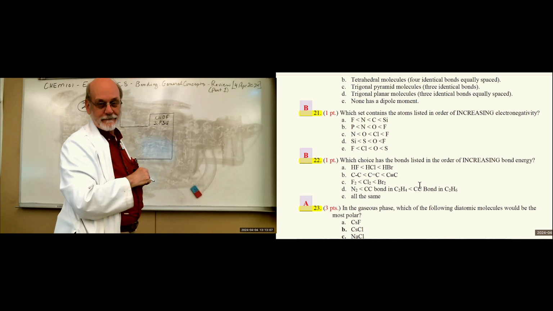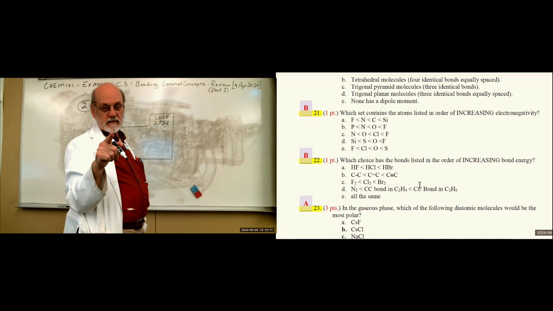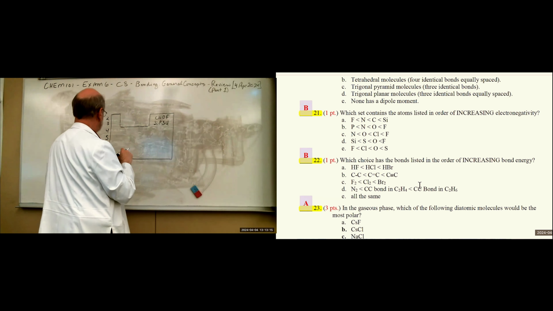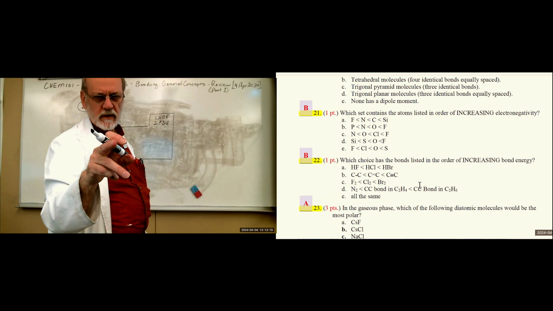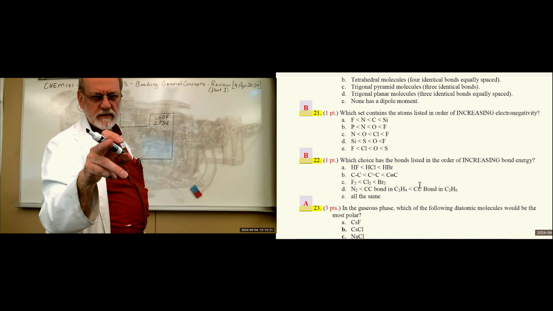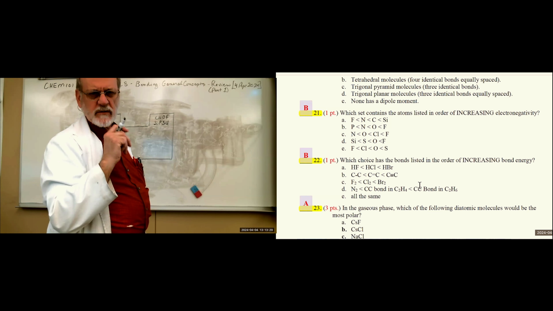All right. Nitrogen, oxygen, chlorine, fluorine, silicon. Okay, I think we got all of them. 1, 2, 3, 4, 5, 6, 7, 8. Yeah, I don't see any new ones.